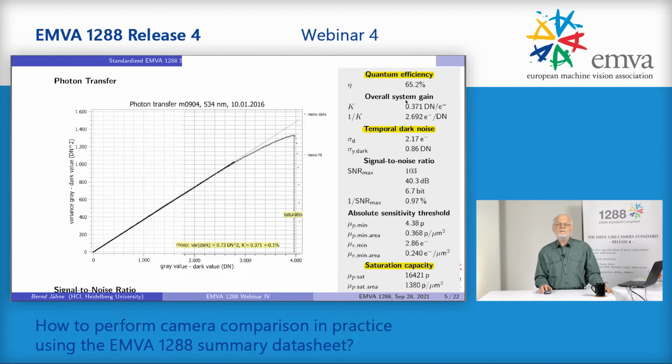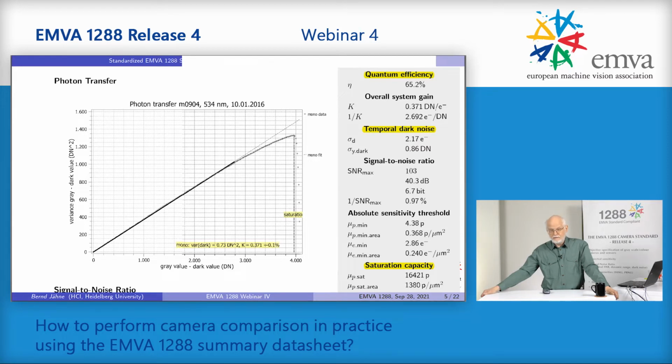And now we come to the parameters in this column on the right side, which you are really interested in for your application. We start with everything which has to do with temporal noise. The signal-to-noise ratio is really the most important quantity for the quality of a signal.